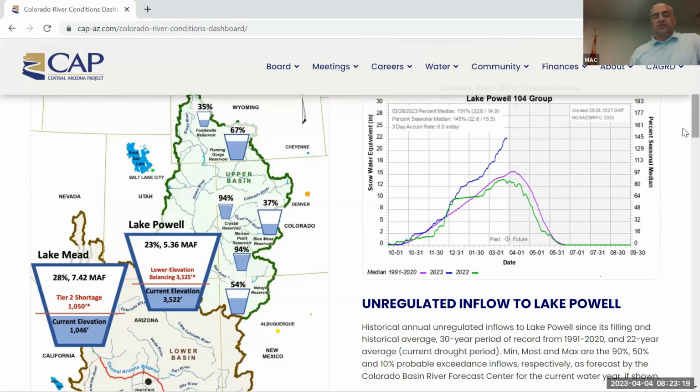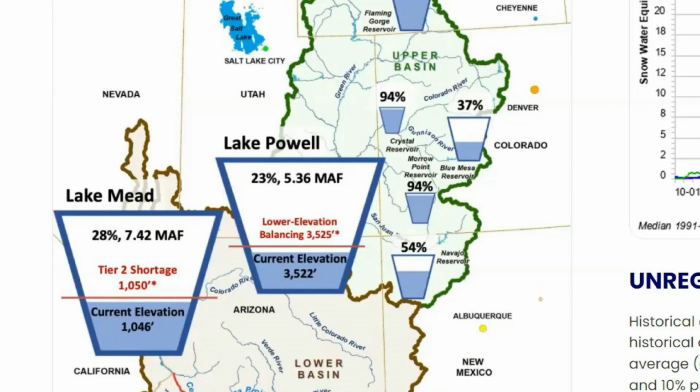Most of them are in the upper basin. You can see Lake Powell, and then the Aspinall units and the upper basin reservoirs on the right up in Colorado, Wyoming, and Utah, and then Lake Mead on the left.